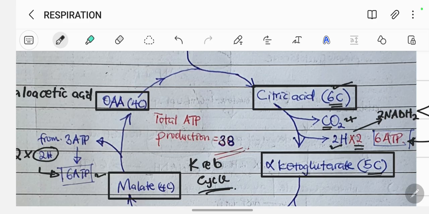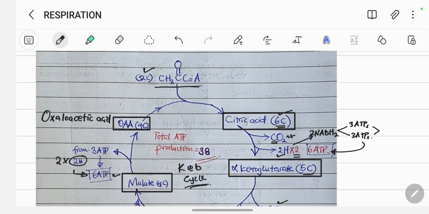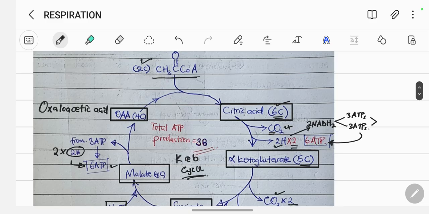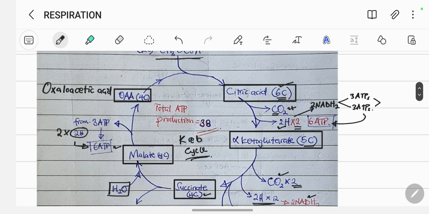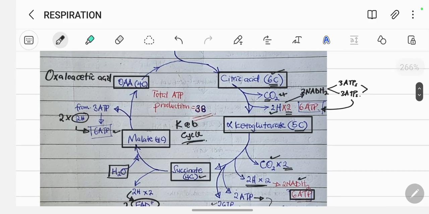So oxaloacetic acid goes back and fetches more acetyl coenzyme A forming citric acid, alpha-ketoglutarate, succinate, malate, and oxaloacetic acid.